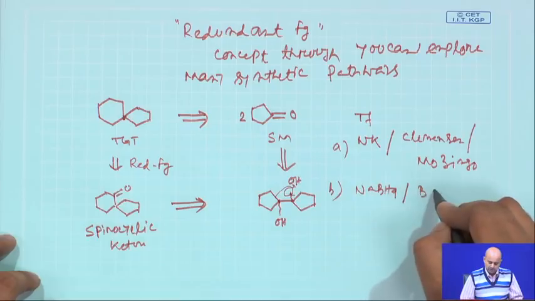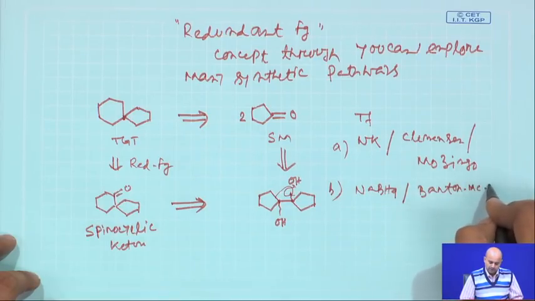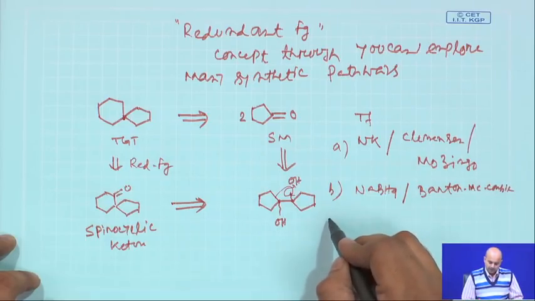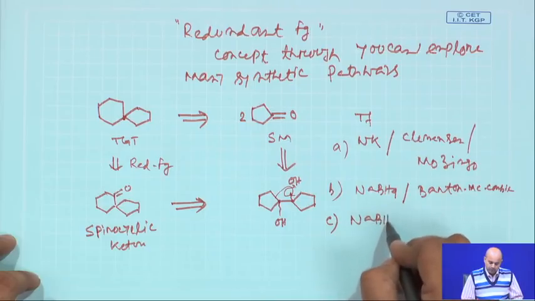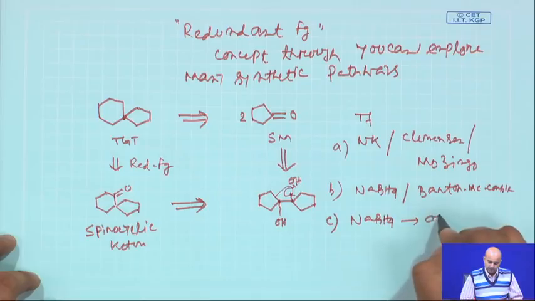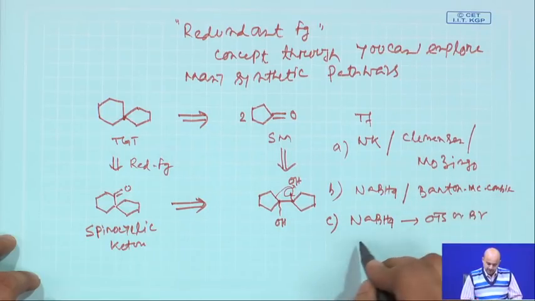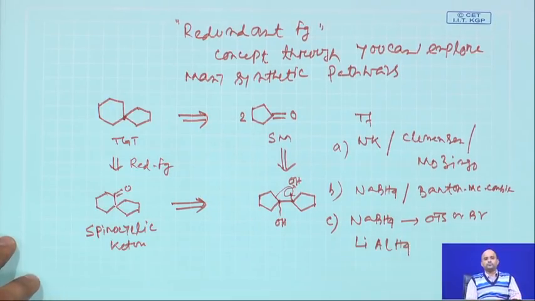You can then do the Barton-McCombie, or you can even do it the other way: reduce with sodium borohydride, convert the alcohol to the corresponding tosylate or bromide, and then use lithium aluminum hydride as your hydride source.